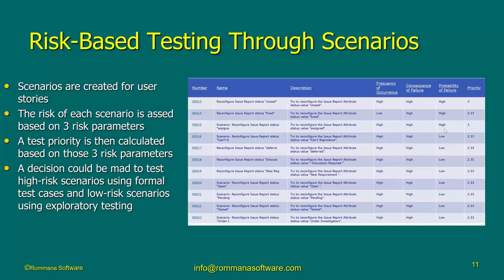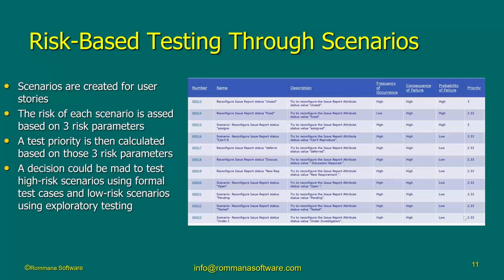We add them up, we divide by 3. So this number here is mainly the average. So 3 plus 3 plus 3 divided by 3 is 3.0. Here, for example, 3 plus 3 plus 1, that is 7 divided by 3, it gives you this number. So this is the testing priority.